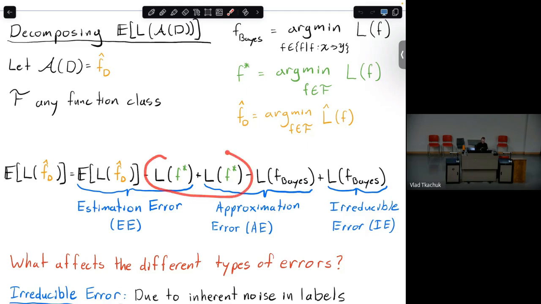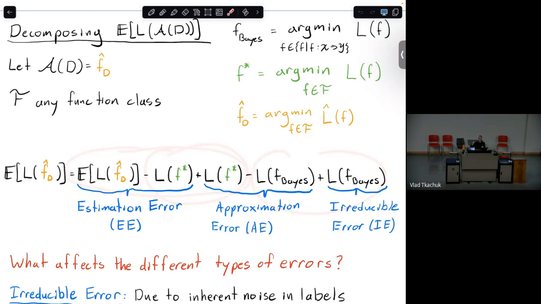This is 0, this is 0. Here I add and subtract L of f star, the true expected loss of f star. All I've done is keep the same equation, with an equality, but now I added something that's 0 and something that's 0.